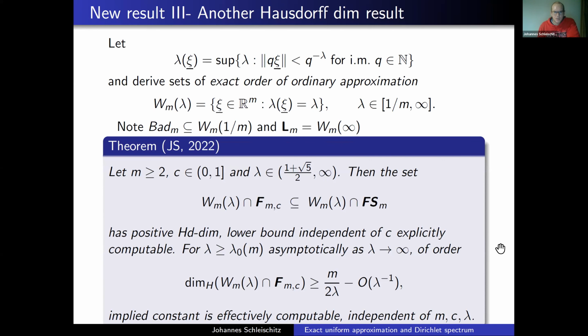And you have some kind of asymptotics. If you think of large M and large lambda, then you have something like M over 2 lambda.